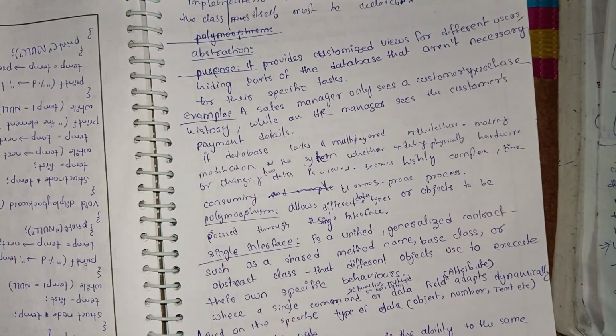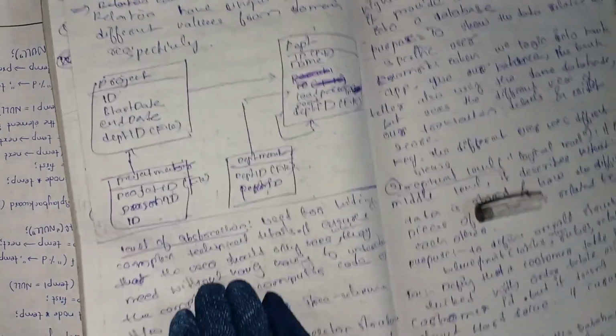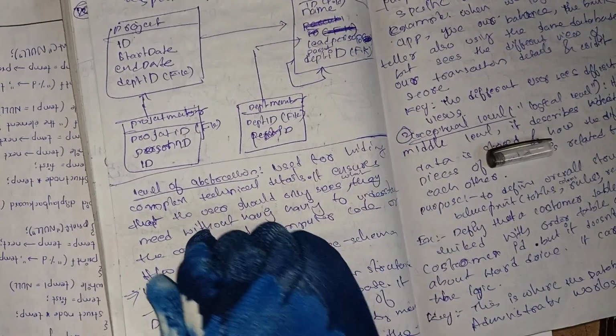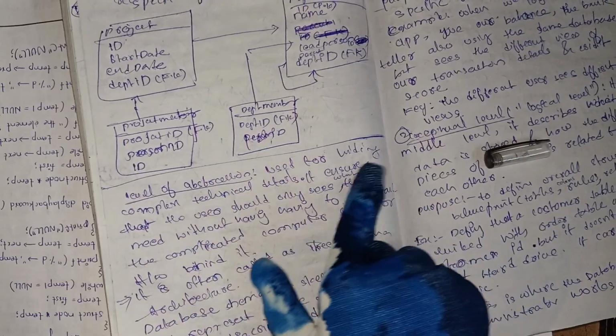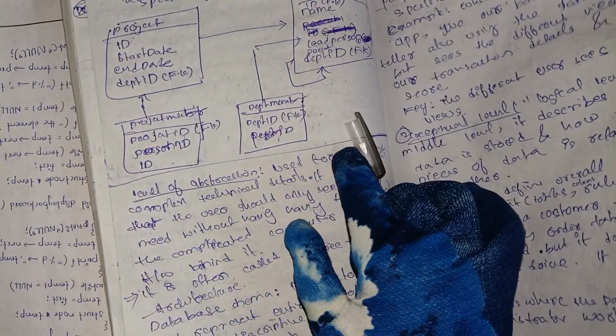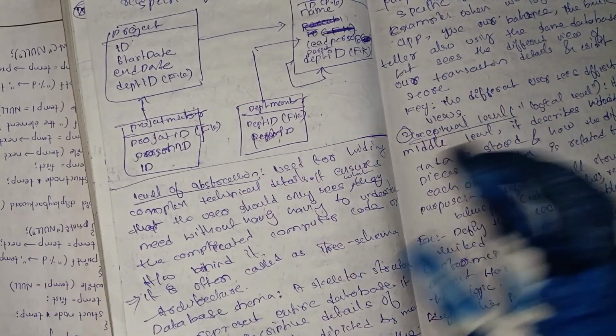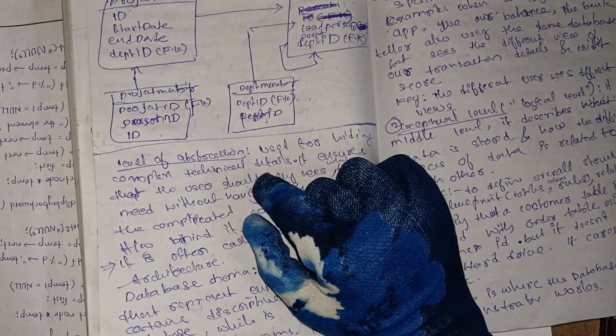So abstraction. Here, level of abstraction and abstraction both are the same. It is used for hiding complex technical details.